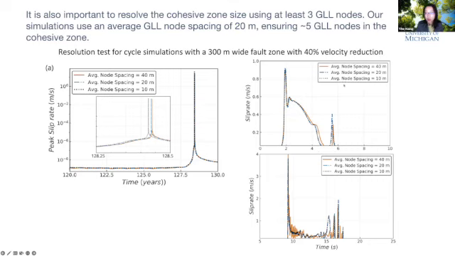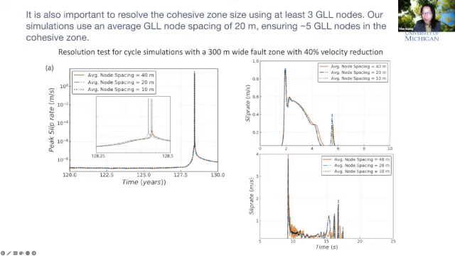However, we find the node spacing or the resolution can affect the dynamic part more. So for example, here we tried 3 different node spacings, 40 meter, 20 meter, and 10 meter. These are the slip rate functions at 7 kilometer for 2 different earthquakes. So you can see that especially for this particular earthquake, when we use a 40 meter node spacing, we see a lot of oscillations in the slip rate functions.